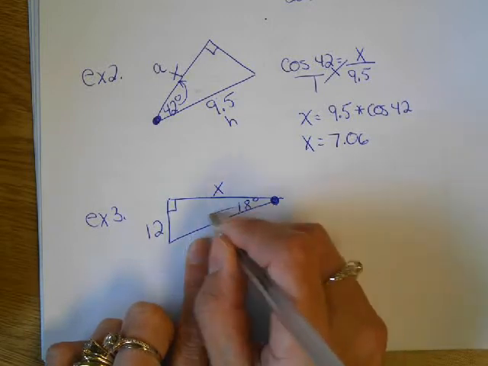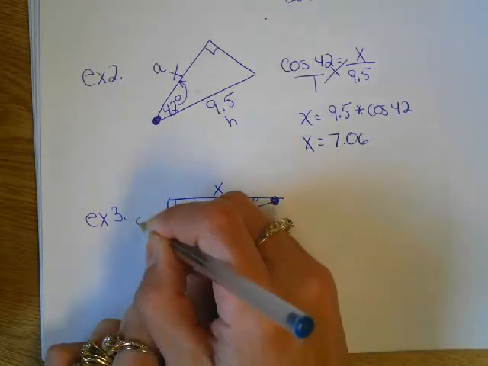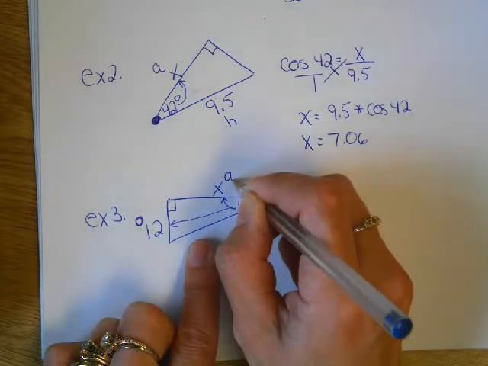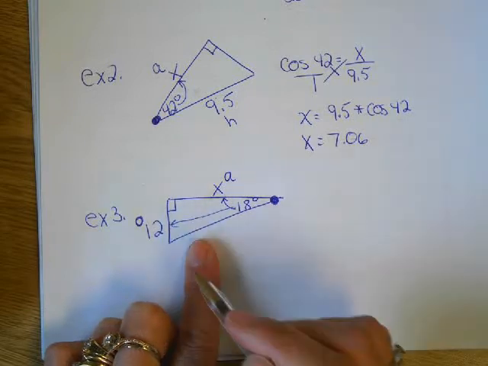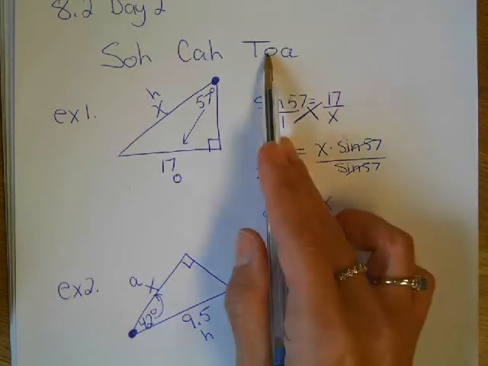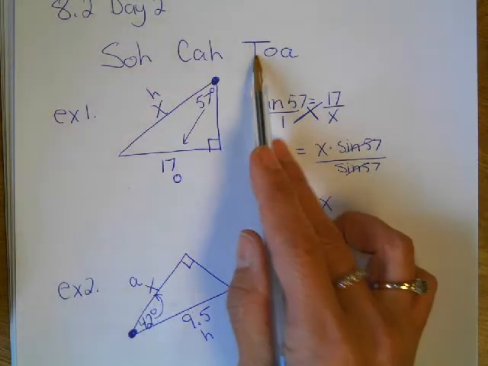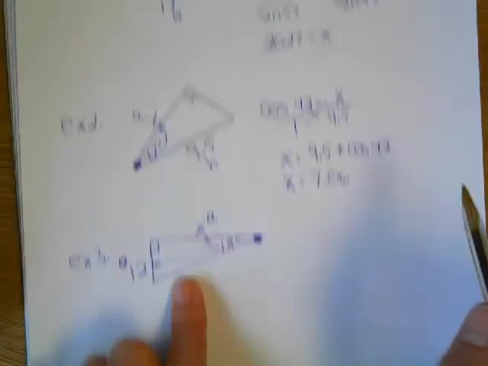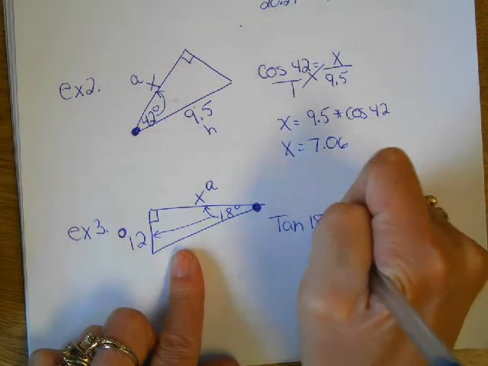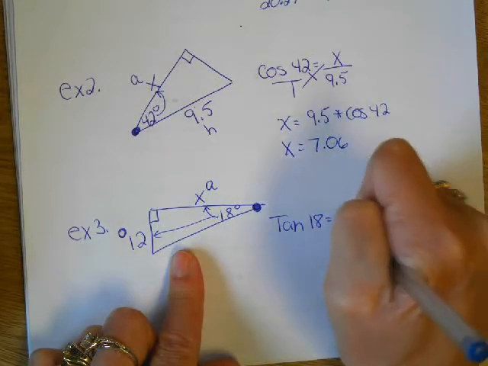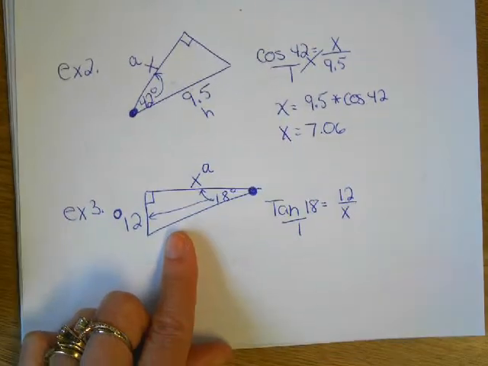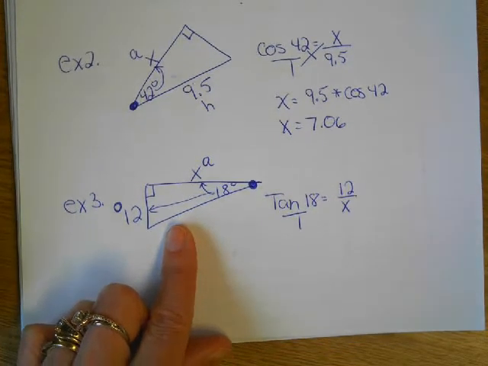So, looking across, there's my opposite leg. Here's my adjacent leg. So I've got the two legs, looking at the top of the notes, opposite and adjacent are involved with tangent, and it's the opposite on top of adjacent. So, tan 18 equals 12 over x, opposite over adjacent. Put a 1 under, two proportions, cross products now.